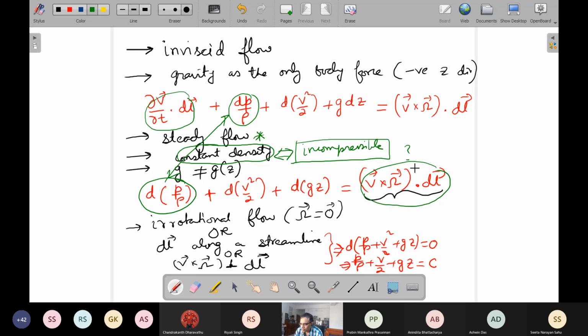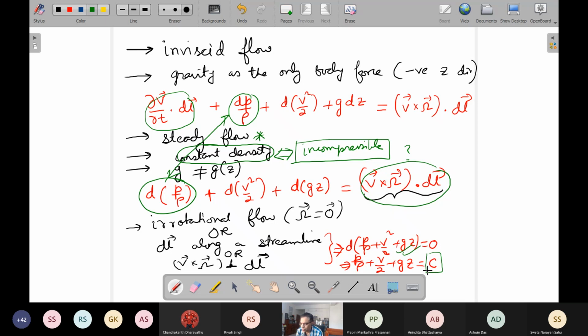So now to understand the implications, let us look into this so-called Bernoulli's equation, where we say P by rho plus V square by 2 plus GZ equal to constant. Now the question is, is it a universal constant?